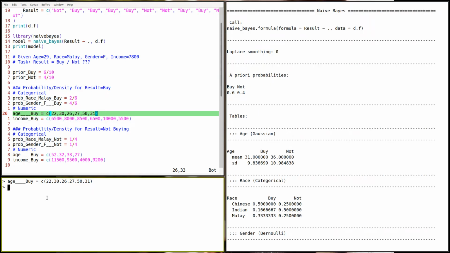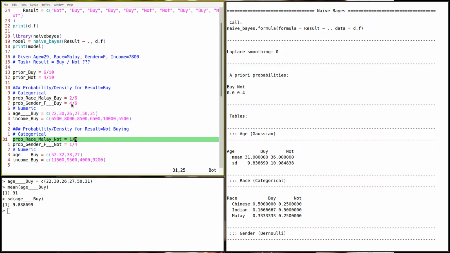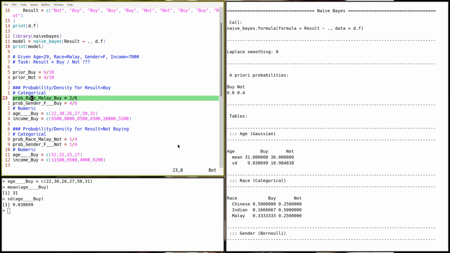So how do we estimate it? We can use the mean to find it. That's how 31 is obtained for the buy. Similarly for standard deviation, it's exactly the same thing. Now race.